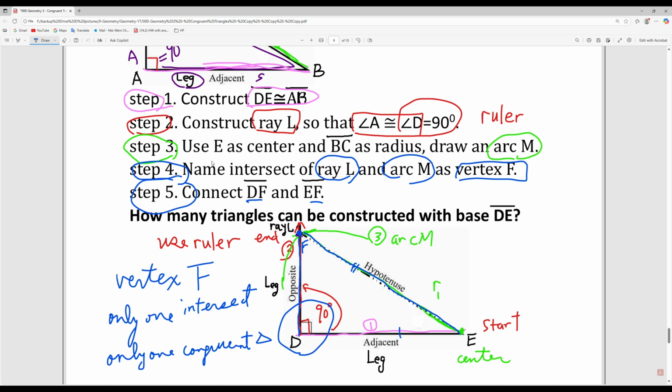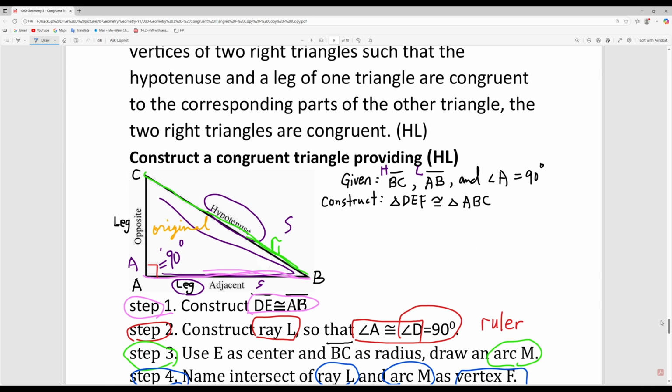If you want, you can try to construct a congruent triangle on top of this original triangle, and you can see we'll have a point for point, side for side perfect match. So this is the congruent triangle for 90° HL.